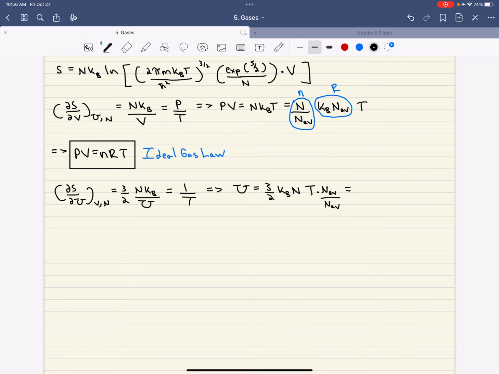So what we have here is number of moles times 3/2 R times temperature. Okay? All right, and so this equation looks funny, but actually the reason I wrote it in this format is because this 3/2 R, by definition, is actually the heat capacity for a monatomic gas.